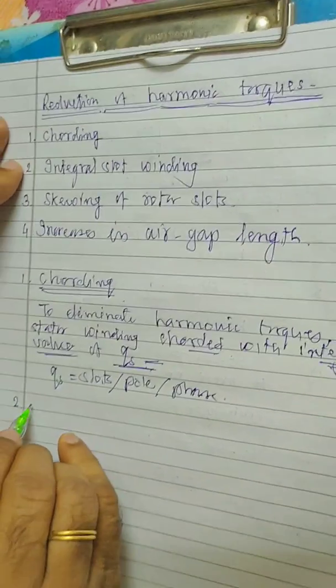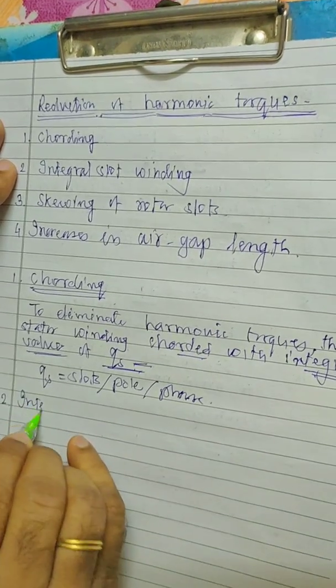Method number 2 is integral slot winding.